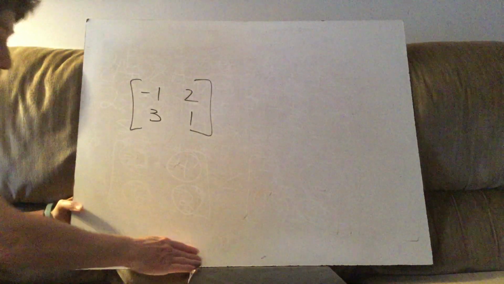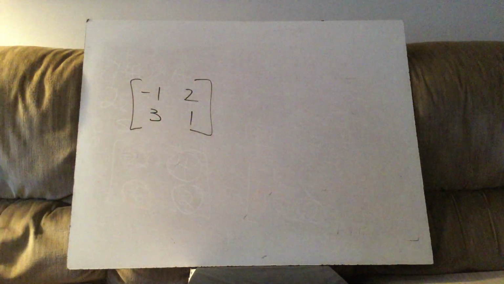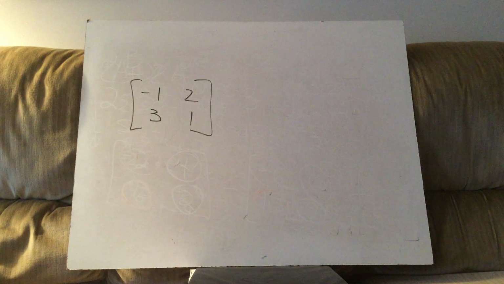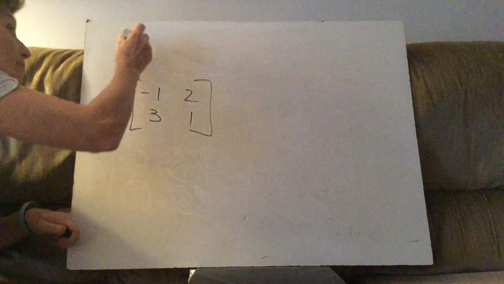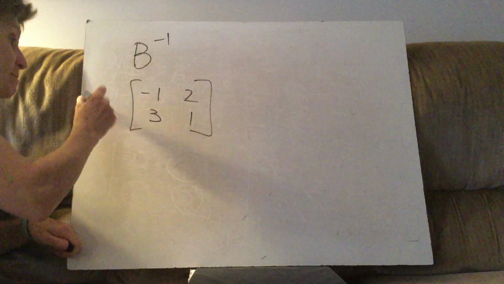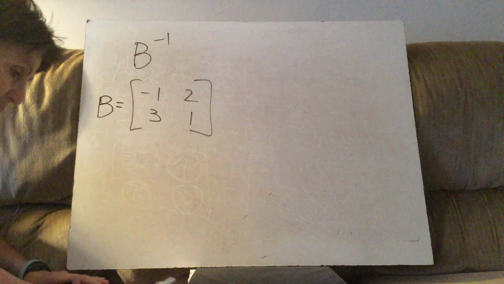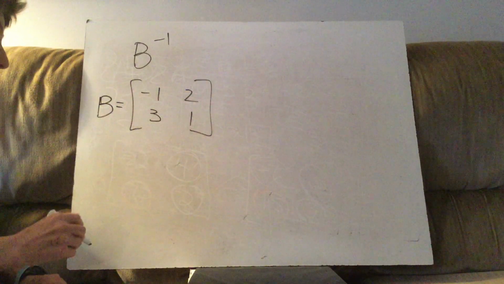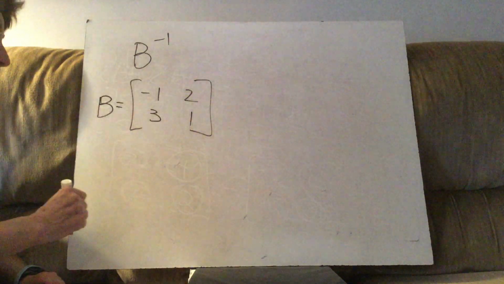Now, the next one says, find B inverse. So this is matrix B right here, and we're going to find the inverse. Now remember, finding the inverse is a two-step process.